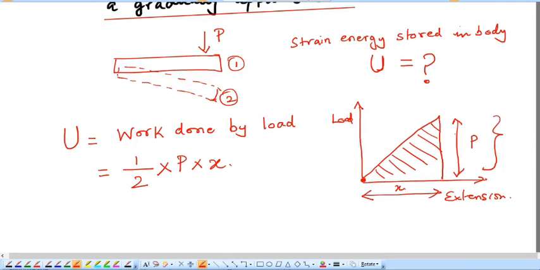So in this side I am having P and in this side I am having X. So the area of the triangle is half P into X. So work done by the load is equal to the area of triangle in the load extension diagram.